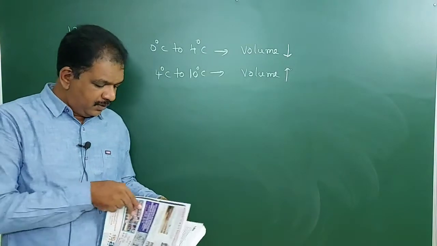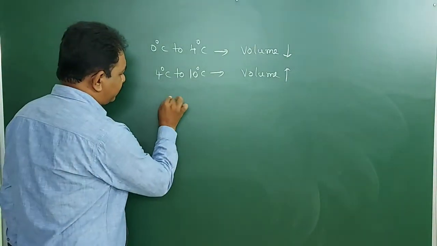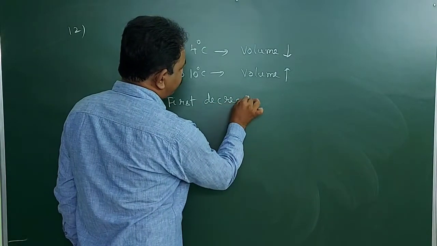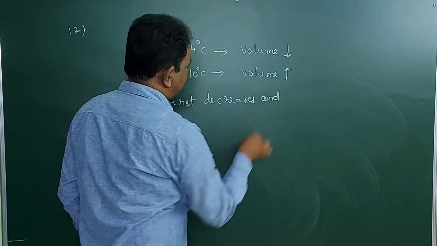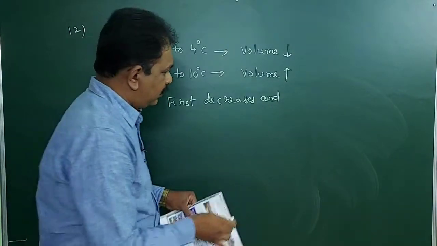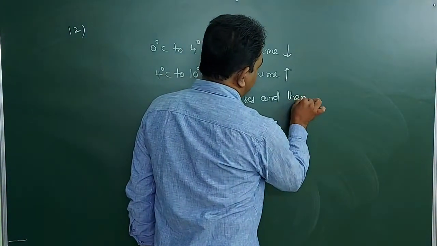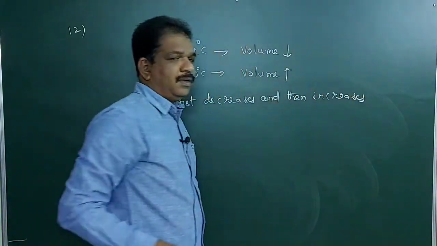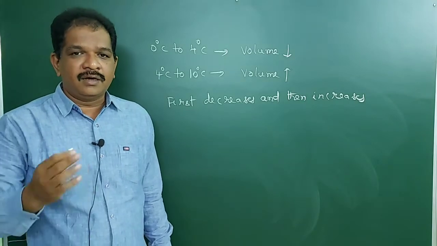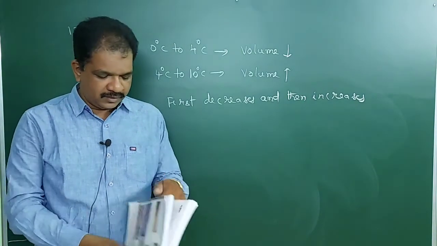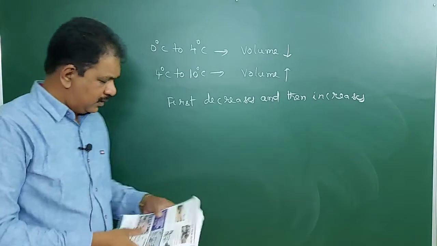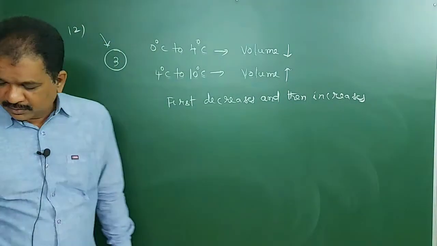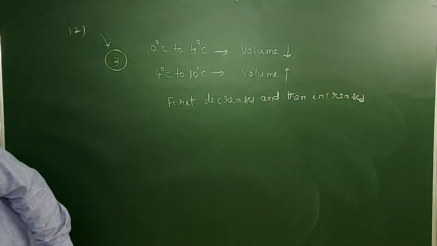So what will happen to the volume means, first decreases and then increases. Why it is happening like this means due to anomalous expansion of water. So 12th question, it will be third option. Next, 13 you see.